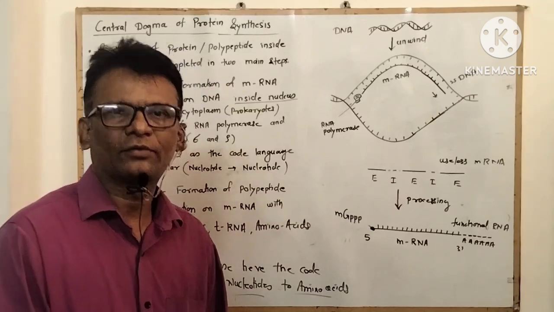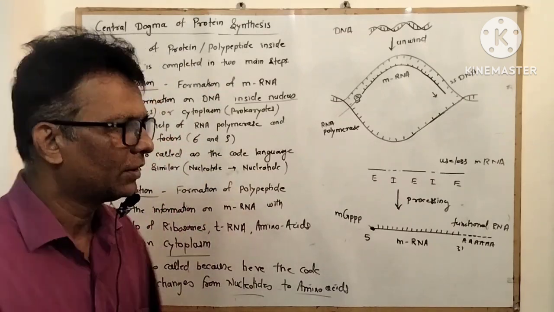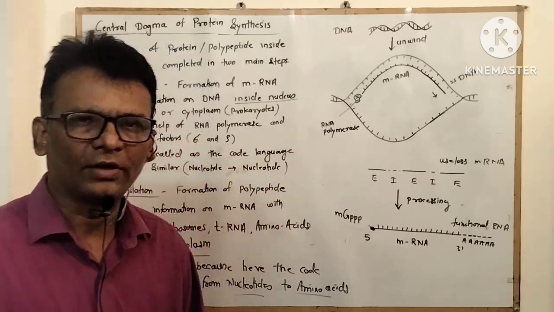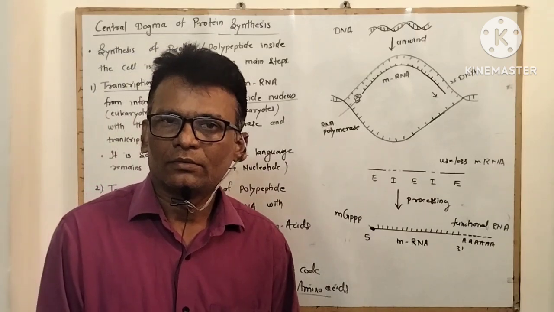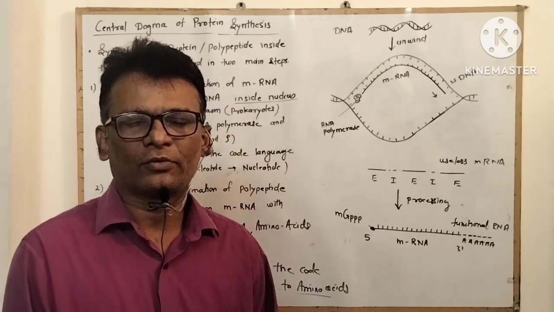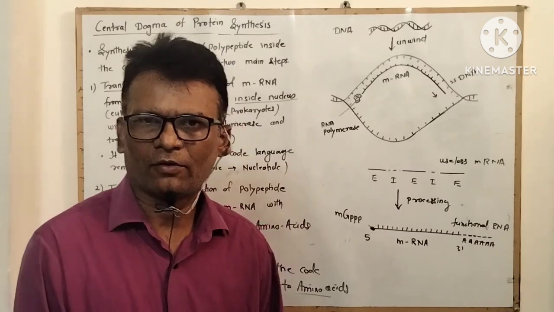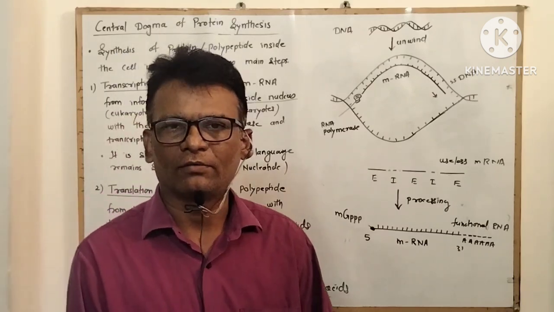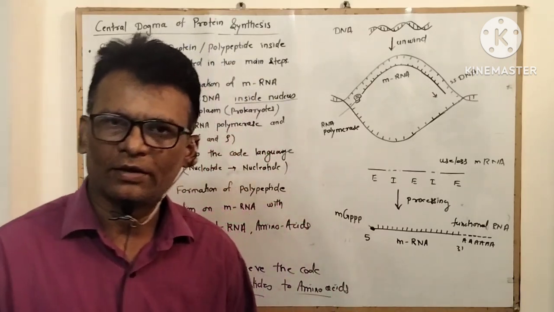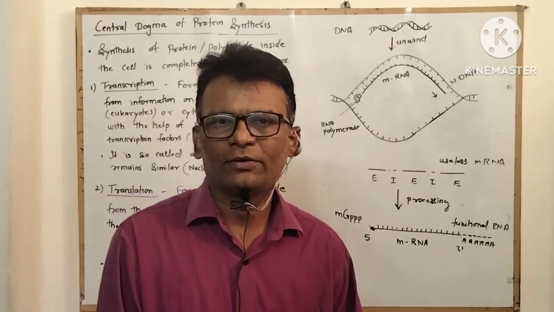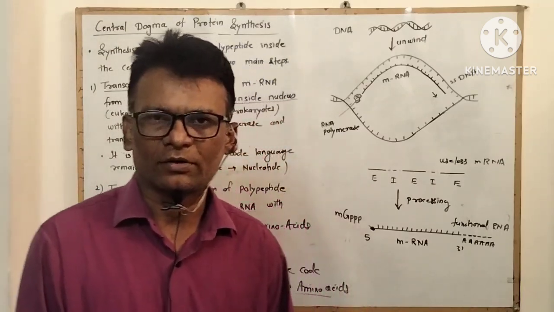This step is called termination. Now the polypeptide is ready for processing. After processing of the polypeptide, disulfide bonds are formed and the polypeptide is converted to protein, which finally becomes either an enzyme or a structural protein.